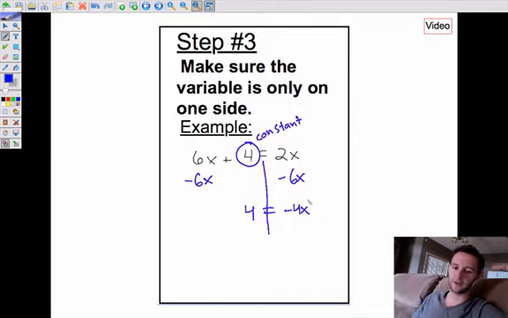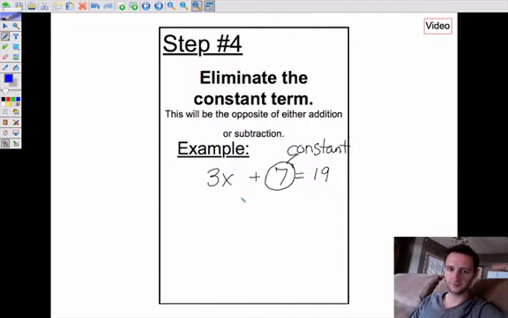At this point, we have all the x's over here on the right side, and we have our constant over here on the left. And it would be very easy to finish solving from there. Step 4 is to eliminate the constant term, if there is one that needs to be eliminated. In this case, we have the x's over here on the left side, and we've got a constant here, and then another constant over here on the right side.